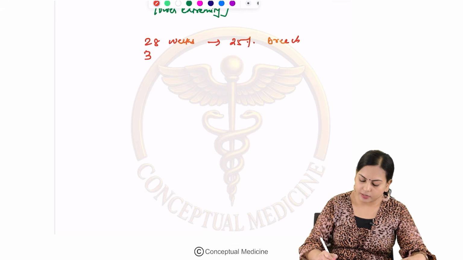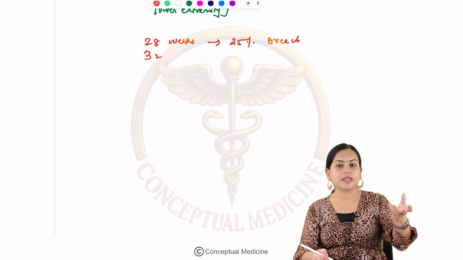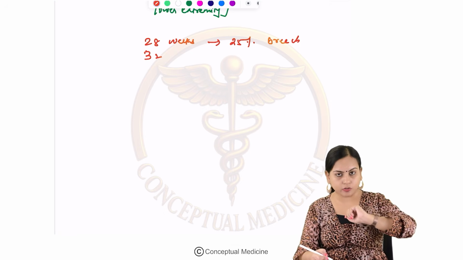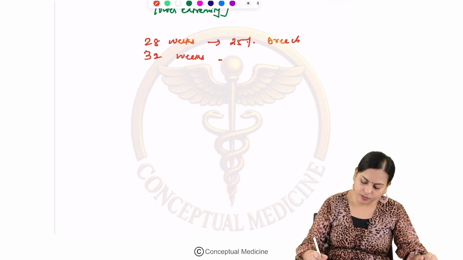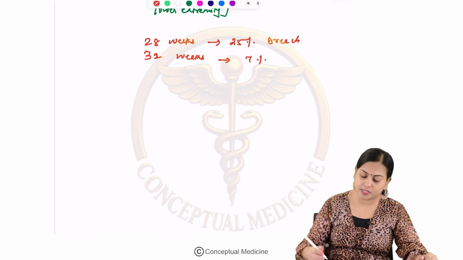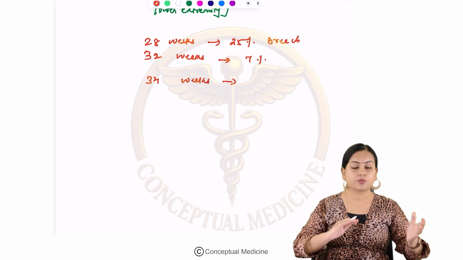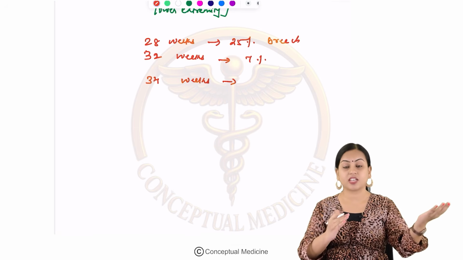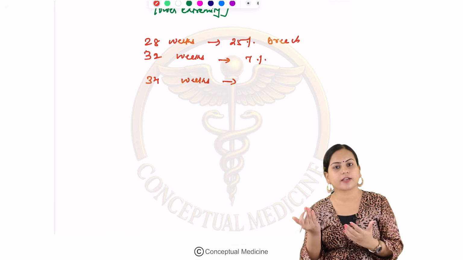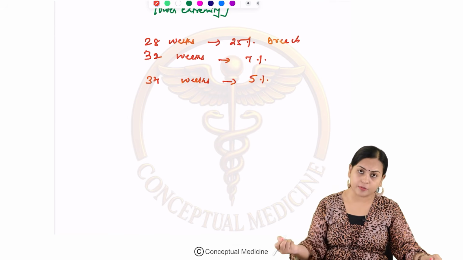Then this will reduce as the gestational age progresses because the baby can go for spontaneous rotation in utero itself. At around 32 weeks, this can be anywhere around 7%, and by 34 weeks most of the spontaneous rotation would have been over. After that, the chance of spontaneous rotation to cephalic presentation is very less, only 5%.